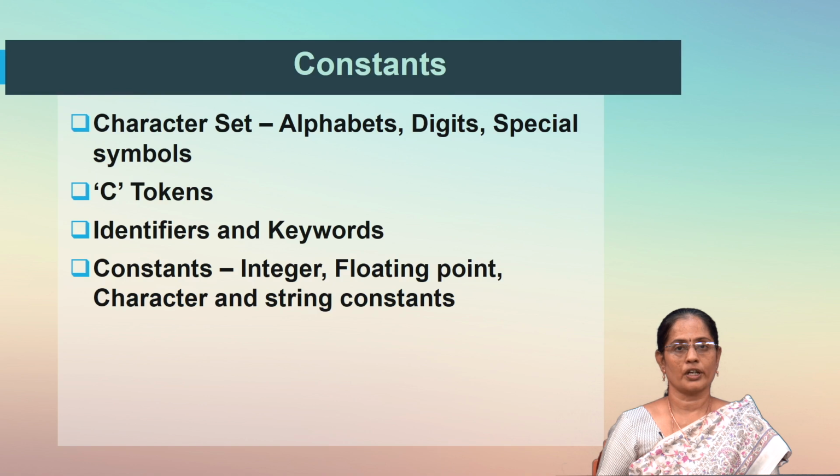And C tokens are the words which are formed using the character set. The tokens can again be classified as identifiers and keywords. Identifiers are the names given to the variables, functions, blocks, loops and whatever we use. If you are giving your own name, it is called a user defined name.